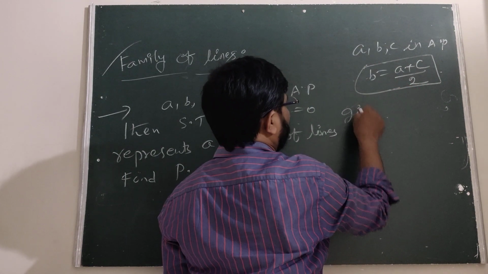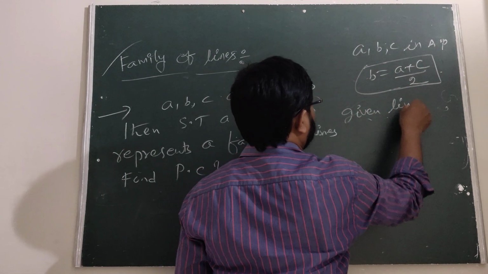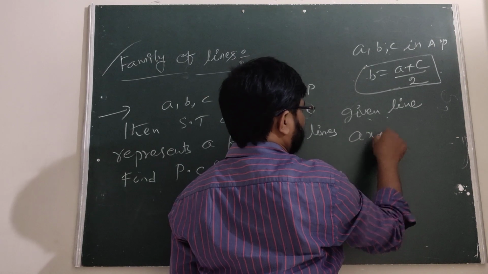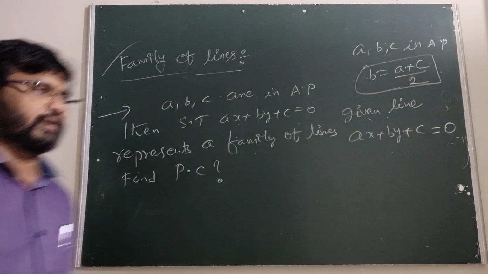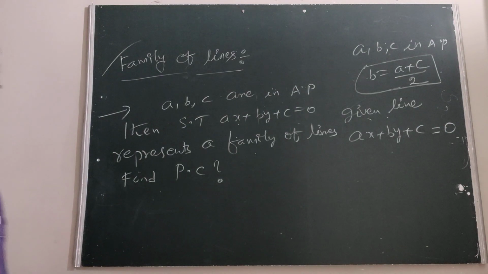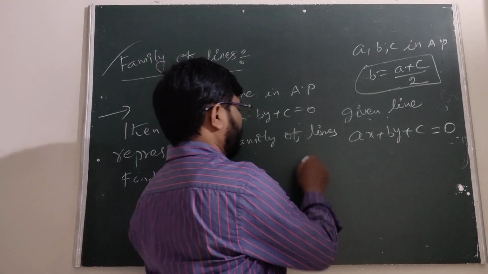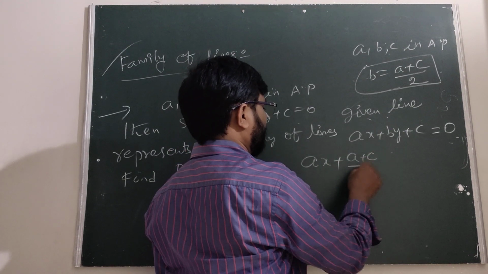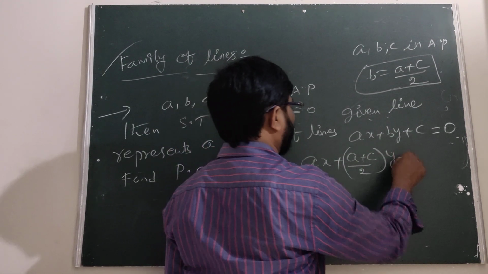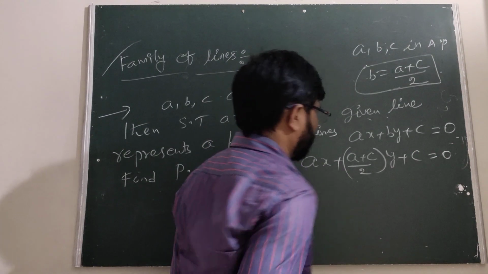What is the given line? AX plus BY plus C equal to 0 is the given line. Now we can write this as AX plus ((A plus C) by 2) into Y plus C equal to 0.